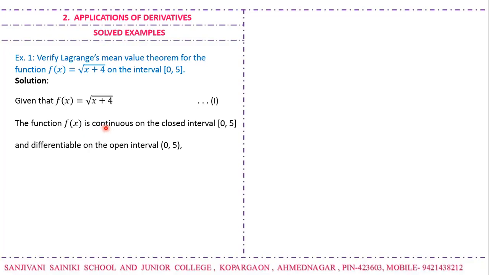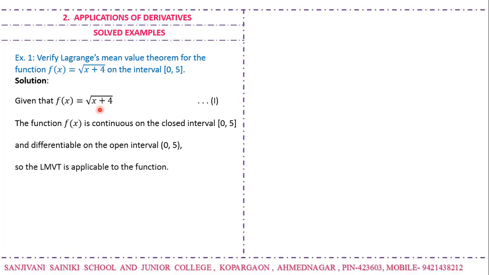no, it is not continuous everywhere, but it is continuous on the closed interval 0 to 5, because if we put x is equal to 0, we get 4 and we can find the square root of 4. If we put x is equal to 0, 1, 2, 3, 4 up to 5, in all the cases we are able to find the value of this function. There is no problem for this function.